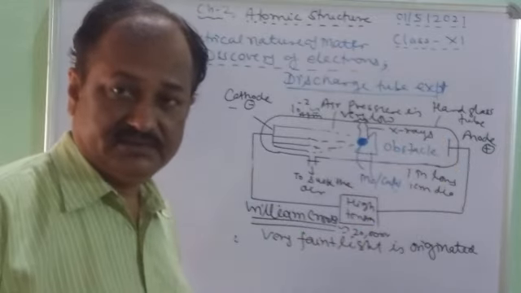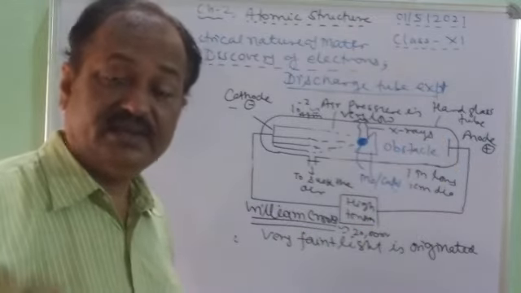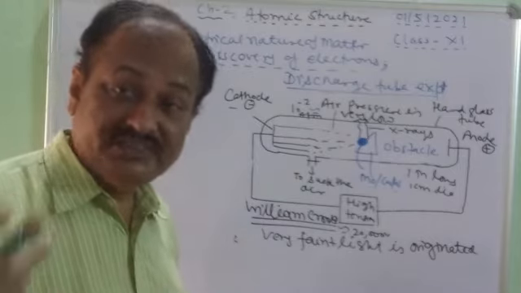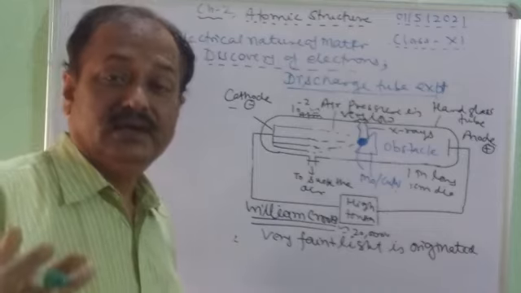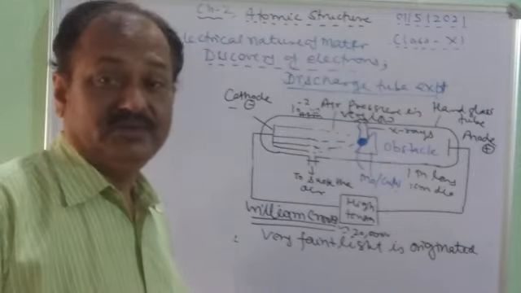X-rays, you know about X-rays. They were unknown rays, called Roentgen rays. William Conrad Roentgen was the first who explained about X-rays.